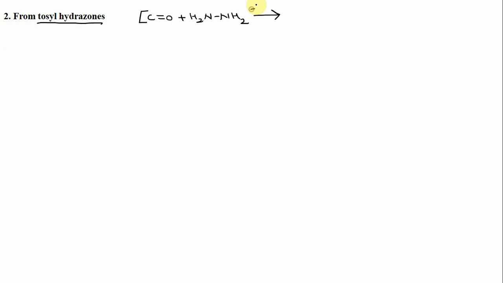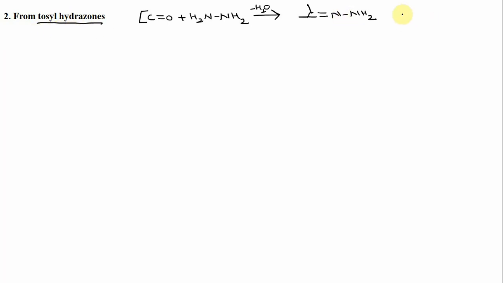There is a loss of a water molecule and this gives the corresponding hydrazone. This product is called hydrazones, obtained by the reaction between a carbonyl group and hydrazine. The tosyl hydrazones are obtained by the reaction of a carbonyl group and tosyl hydrazine.